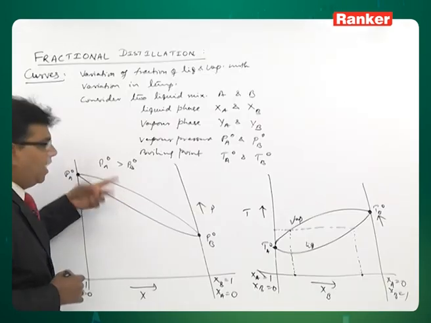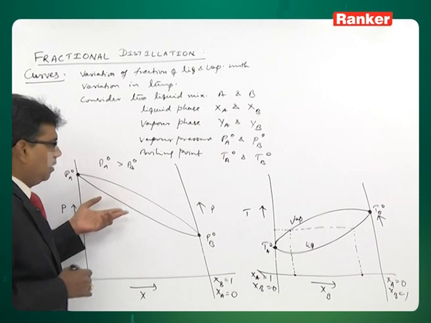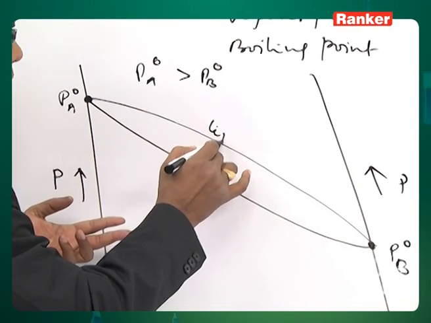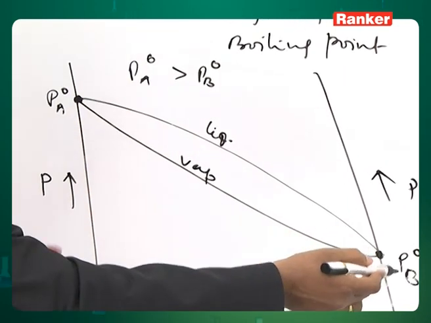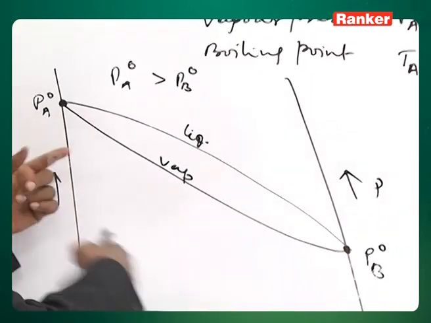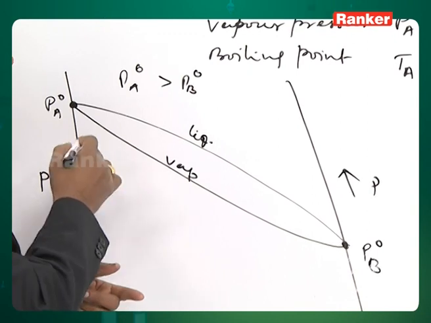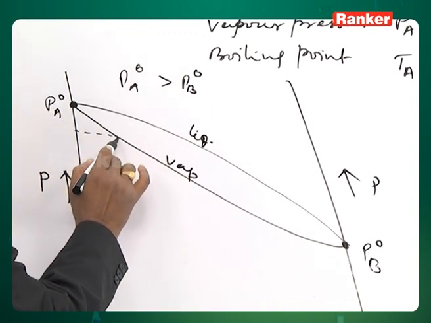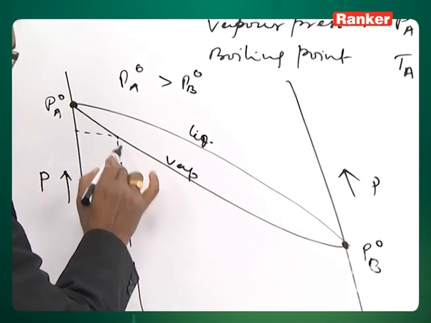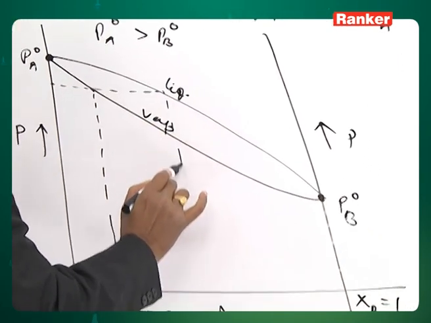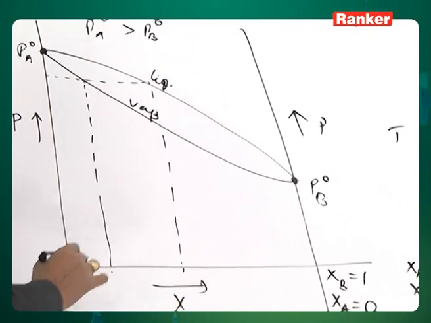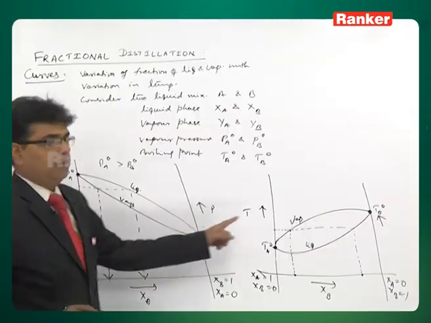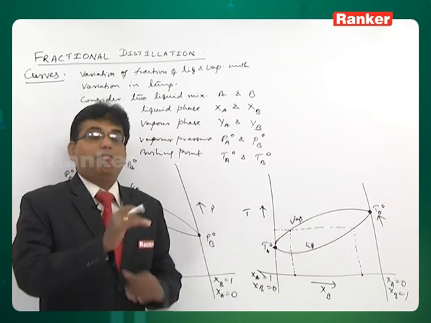So, obviously the reading will be different: the lower curve will be of vapor and the upper curve will be of liquid. Corresponding at the same temperature, if you read the pressures, you will get the reverse. So, the corresponding change you can read like this, right. This is how you have to read both the graphs.